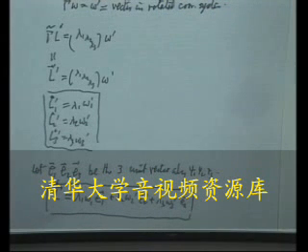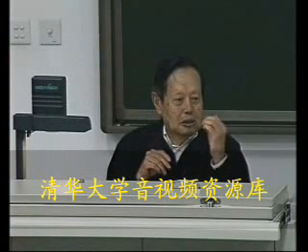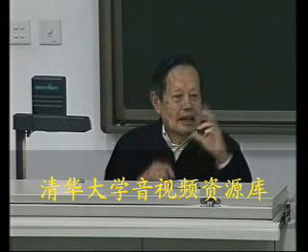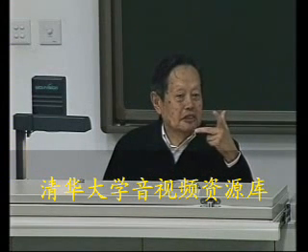Let's review what we have learned. The system, this body around the center of mass, has three axes. These are called principal axes of inertia.